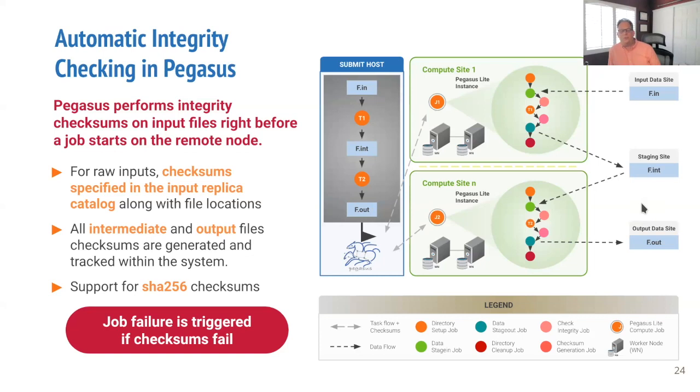We had this on OSG Connect many years ago, where, if I recall correctly, I think it was a bad network cable that corrupted files. And so, this does happen. And the bigger your data set is, the more careful you have to be about data integrity and making sure that nothing has changed since the last time you used that data.